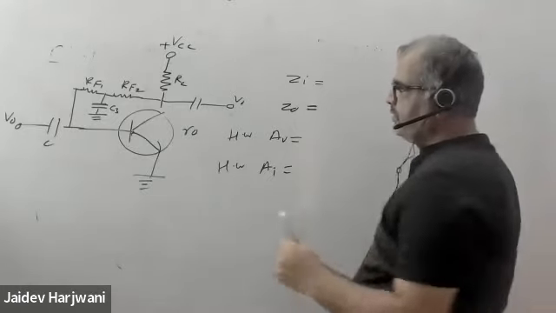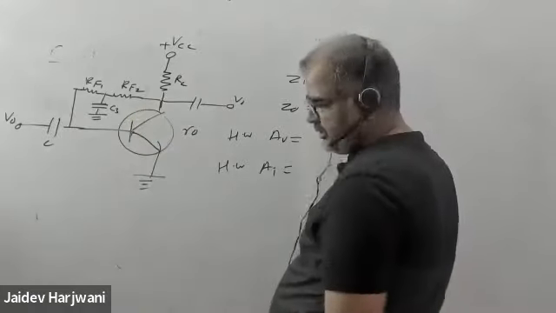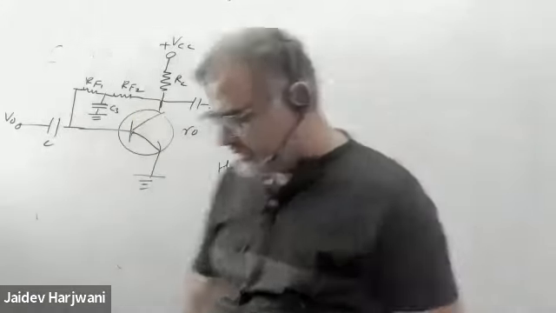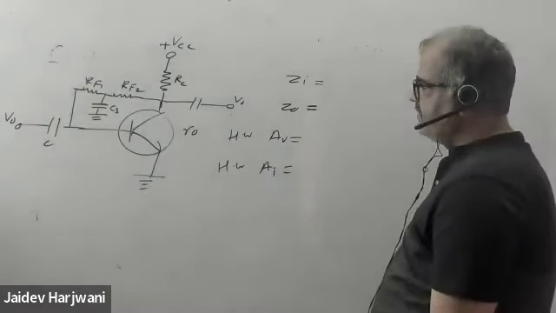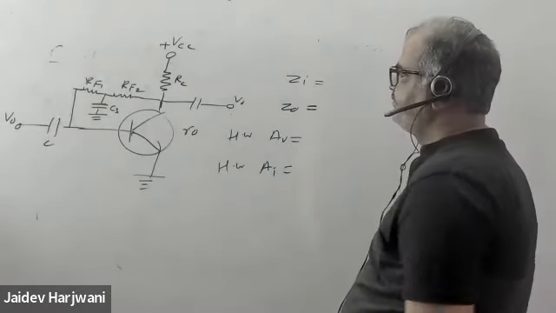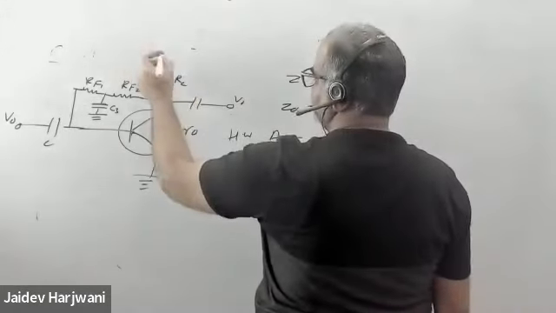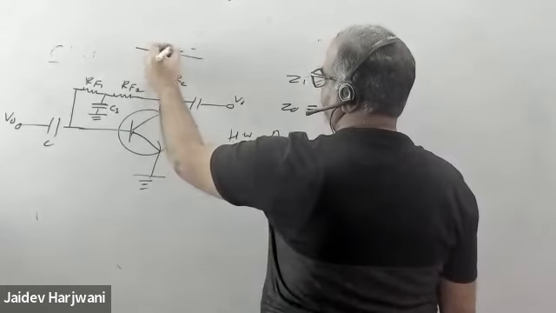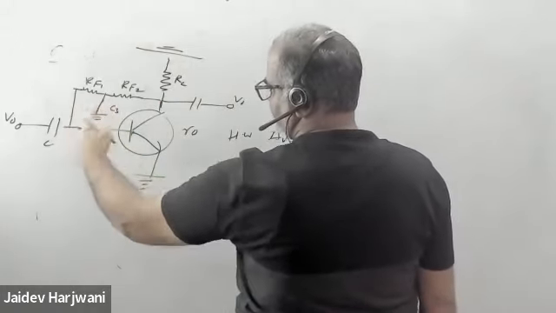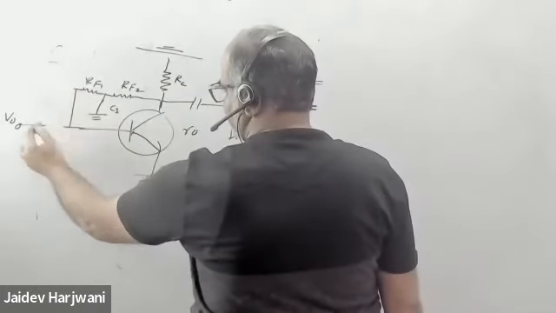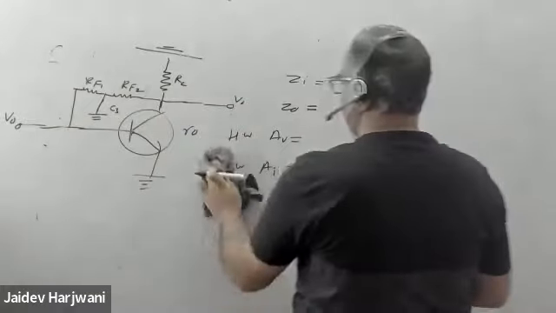Just carefully look at how the rearrangement will be when you make this equivalent circuit, how will you do the arrangement. So for the AC part, you'll make this one grounded, okay, this will be grounded, this becomes short for AC, okay.